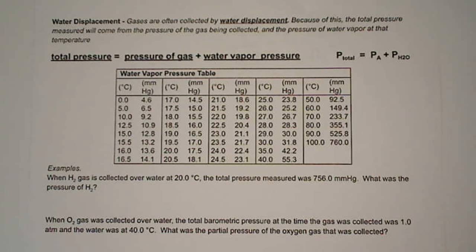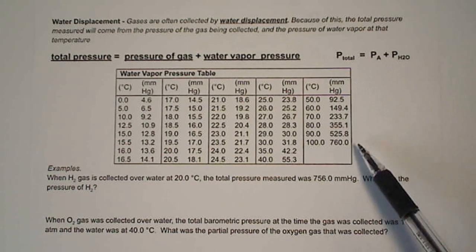We want to just account for what the pressure of the gas is. So we have to look at what temperature the gas was collected, and look at what the vapor pressure of water was at that temperature. This is our vapor pressure table.